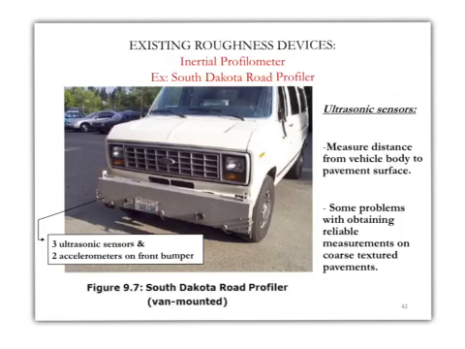Basically it's the same concept, trying to measure the distance from the vehicle body to the pavement surface, but there are some research results that show there are some problems with obtaining reliable measurements, especially when it comes to coarse texture pavement, because now we're really dealing with roughness on a smaller scale in the pavement rather than the overall profile change between point A and point B.